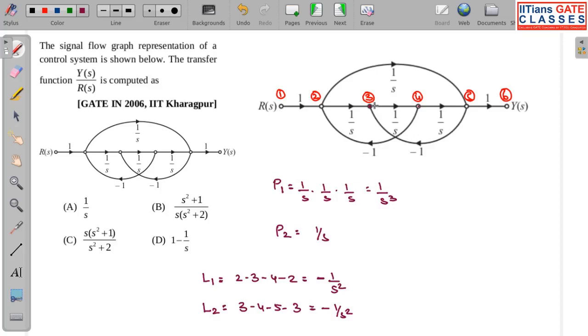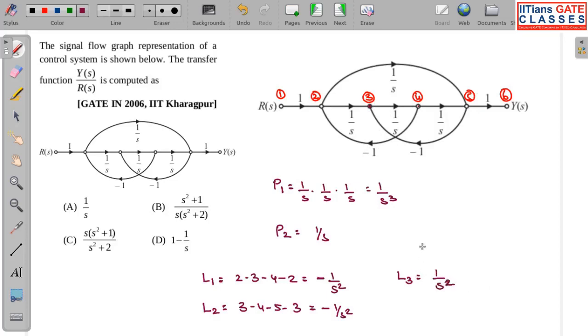When you walk on this path, none of the nodes are repeated twice. You start from 3, so from 3 to 4, from 4 to 2, from 2 to 5 and again from 5 back to 3. So this loop is L3. So what is the loop gain? That is 1 by s, minus 1 by s, 1 by s and minus 1 by s. So this is 1 by s square.